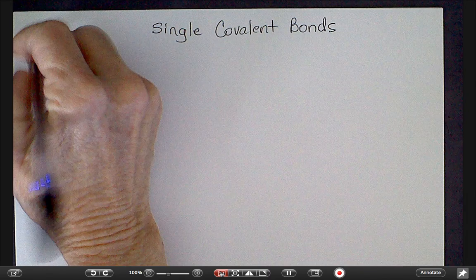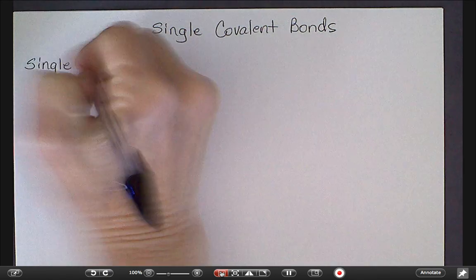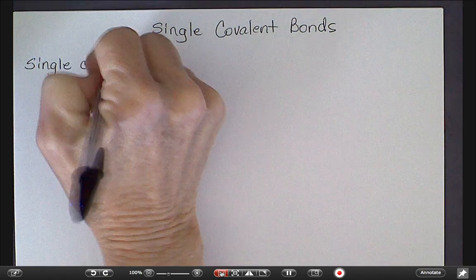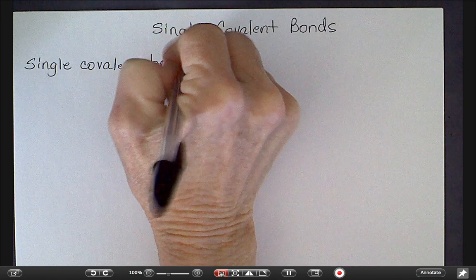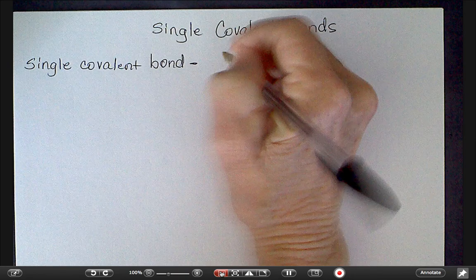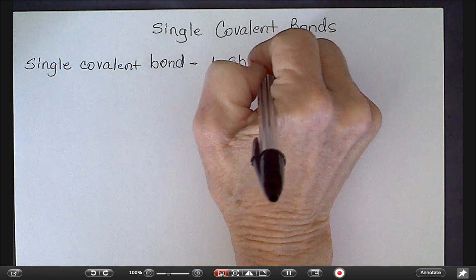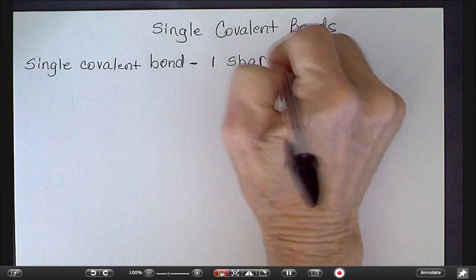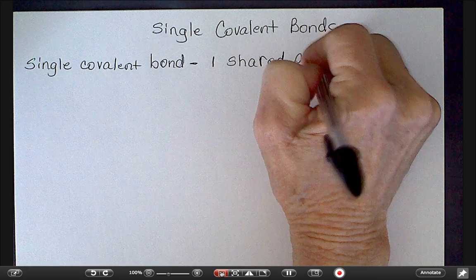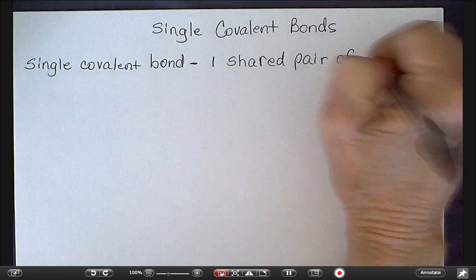Definition, single covalent bond. One shared pair of electrons.